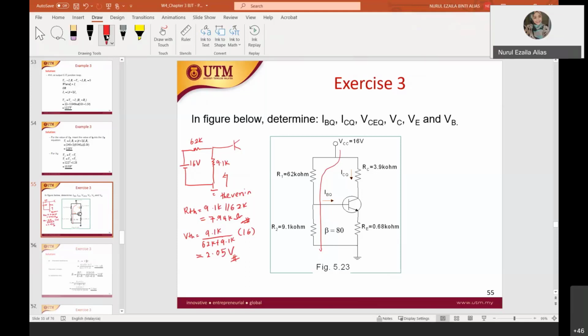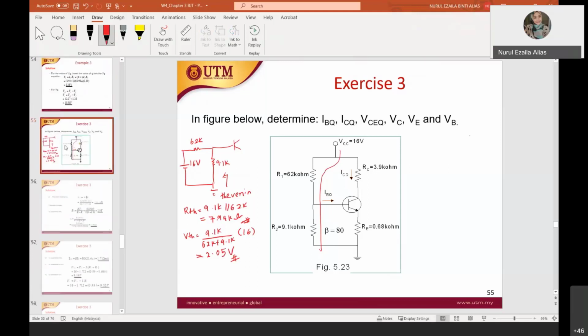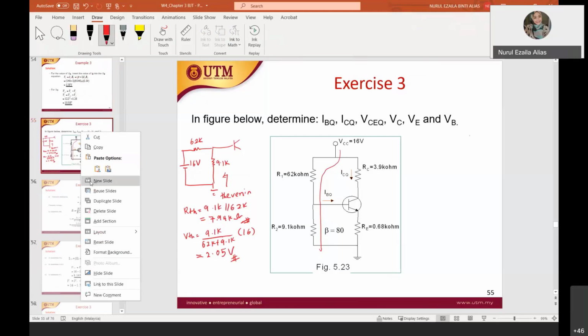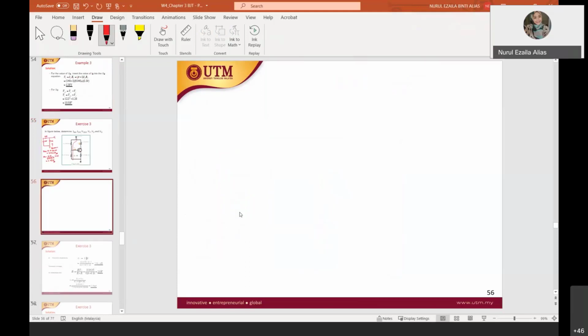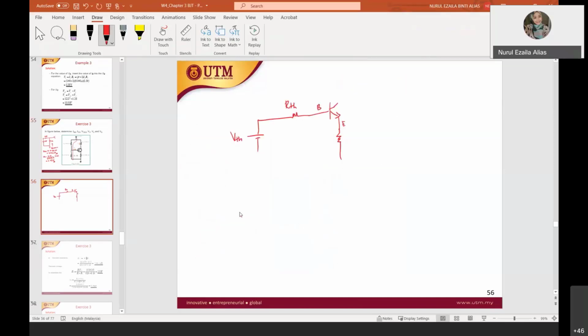All right. So for the input loop, let's solve it. Let me show you here. For the input loop, you have this circuit: the base, then R Thevenin, then V Thevenin. At the emitter, you have a resistor, how much? 0.68K.